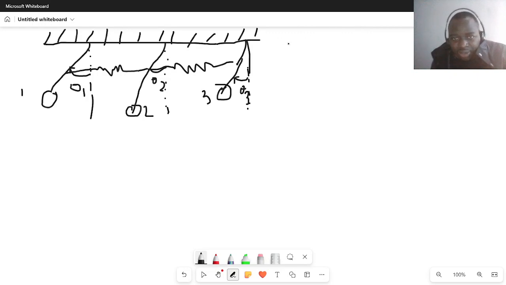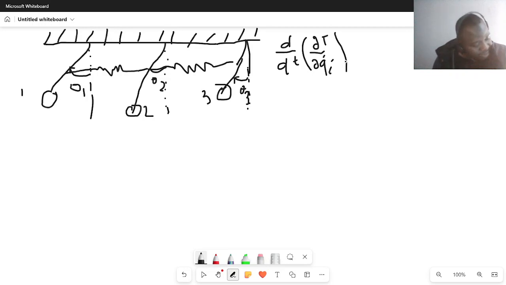It says the general formula is d over dt of partial L over partial q dot, this means velocity, qi, like this, minus partial L over partial qi, like this, plus partial U over partial q, something like this, equal to 0. Now this is qi. This is the general formula of Lagrange's.